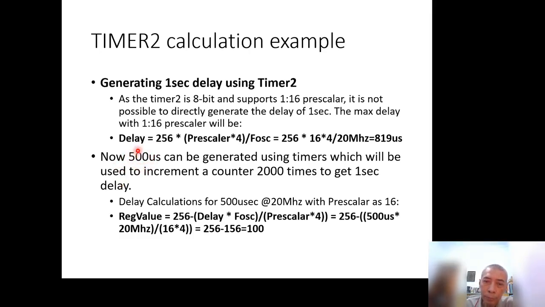So we have to make 2000 repetitions of 500 microseconds to get 1 second. 2000 multiplied by 500 is 1 million microseconds. So the delay calculation for 500 microseconds at 20 megahertz with a prescaler of 16 is right here. So you have to store the value 100 in your TMR2.